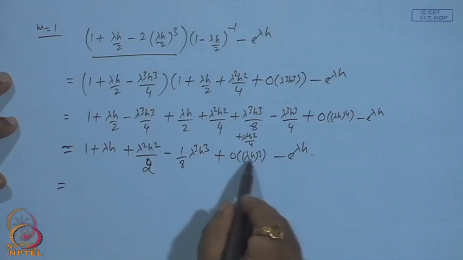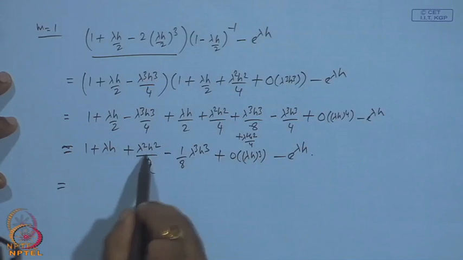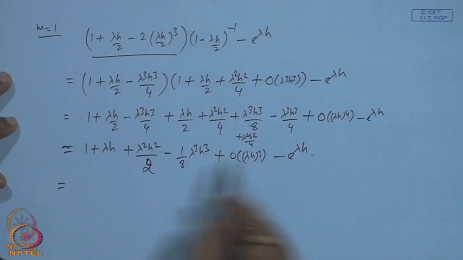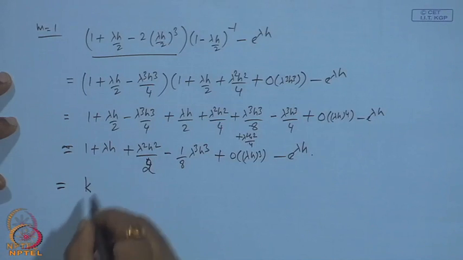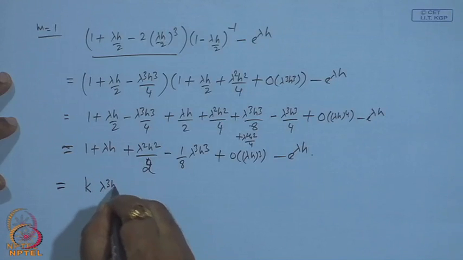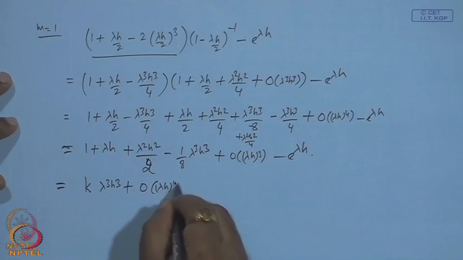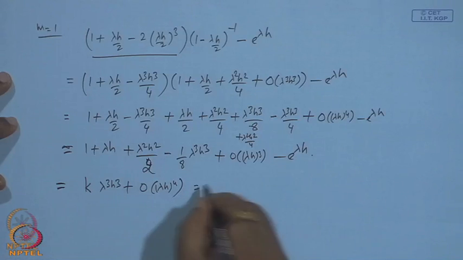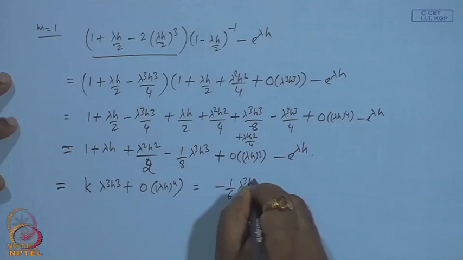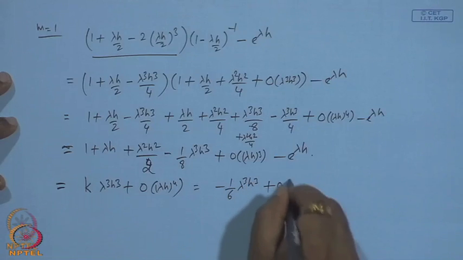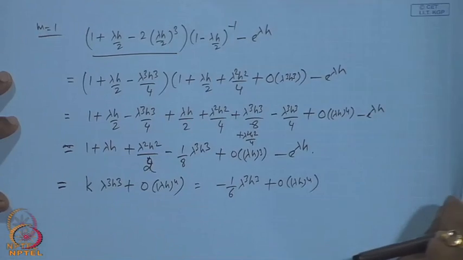So, now you can see these 3 terms get cancelled with this. So, you get some non-zero coefficient, say some k, okay. So, probably we may get minus 1/6 lambda cube h cube. So, this is m equals to 1.